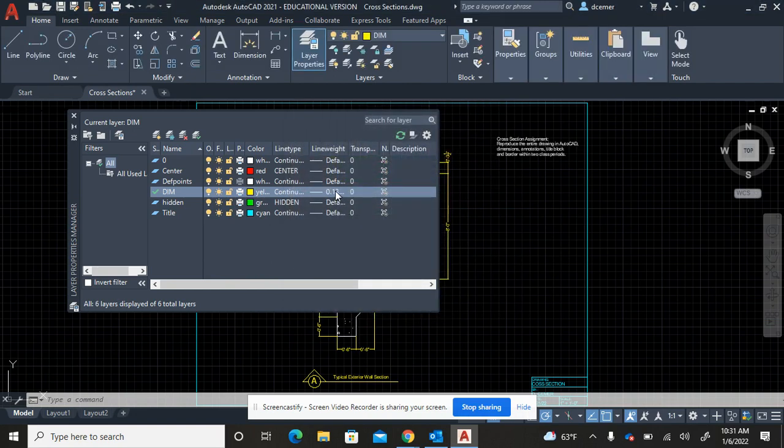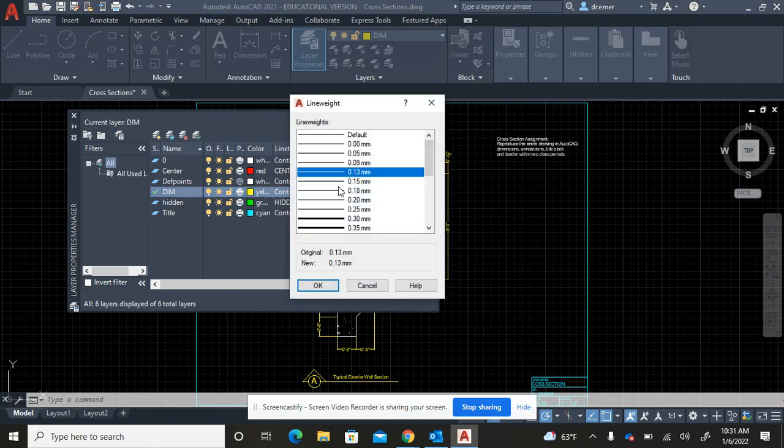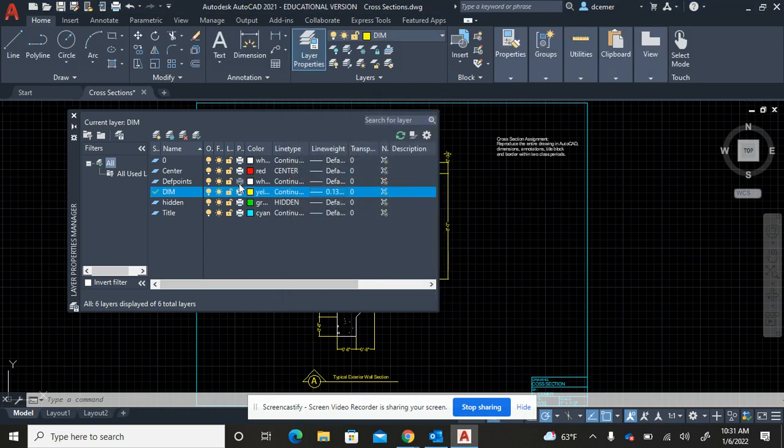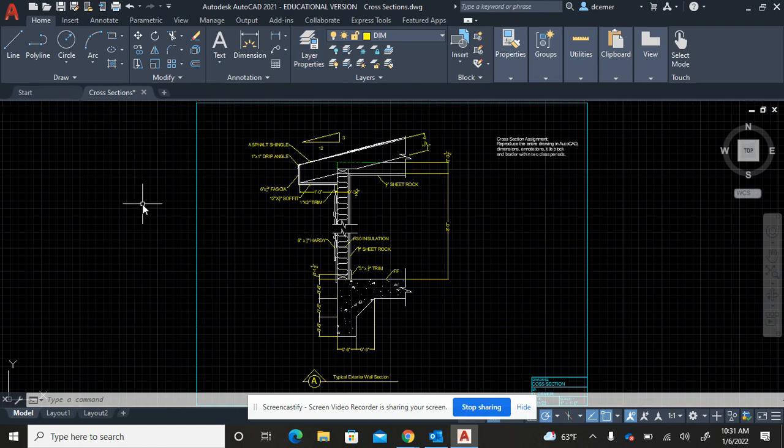And then I also changed my line weight to 0.13, which is about half the thickness. So on the sheet of paper that's been passed out in class, you will notice slightly thinner lines for the dimension. That gives it a nice professional look, which is something good. You want that.